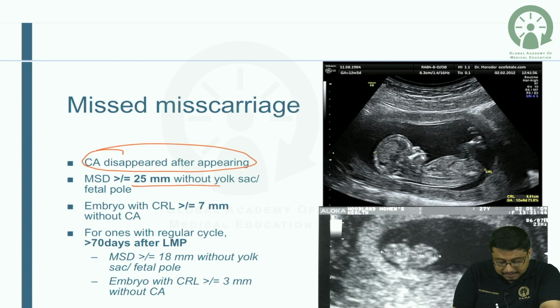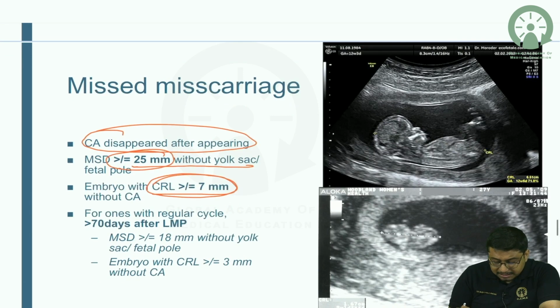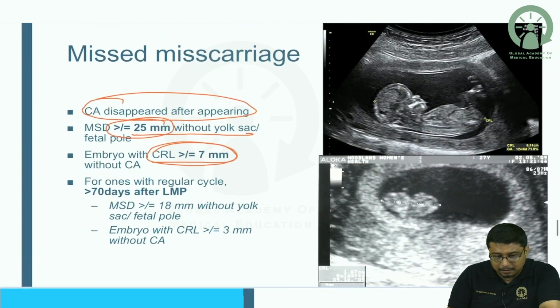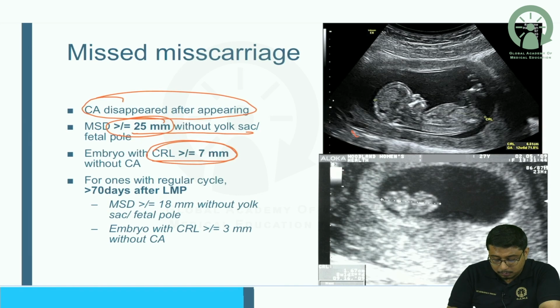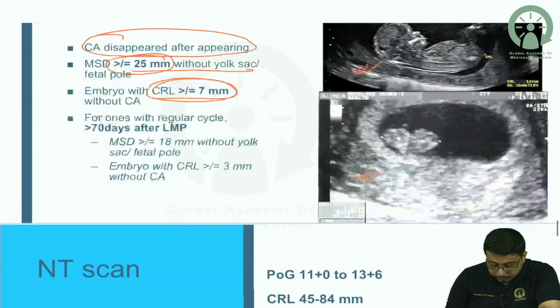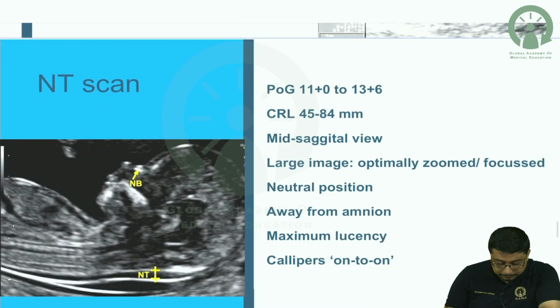If there is mean sac diameter more than 25 but no fetal pole, or crown rump length is more than or equal to 7 millimeter but no cardiac activity, in those conditions we can define it as missed miscarriage. Now the image that can come in your exam might be as good and clear as this one, or very blurry and grainy like this one, but you should be able to understand.